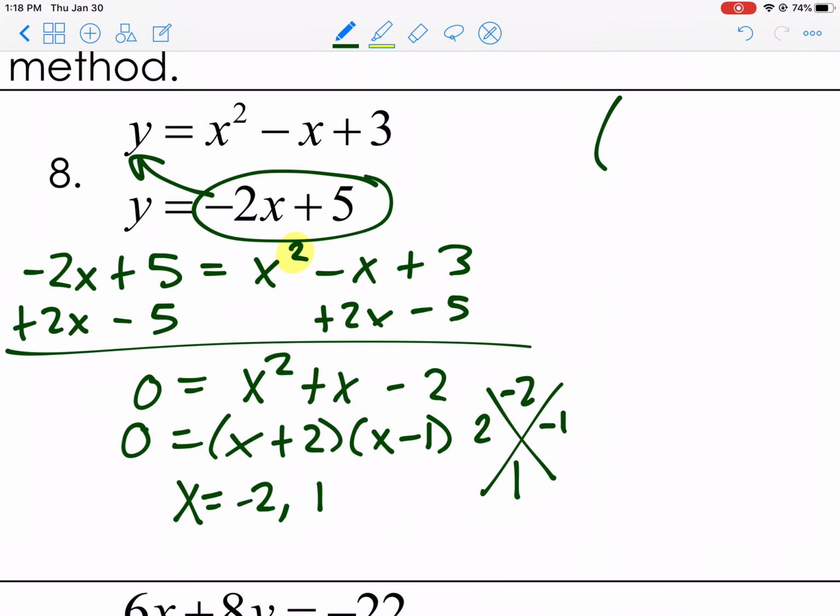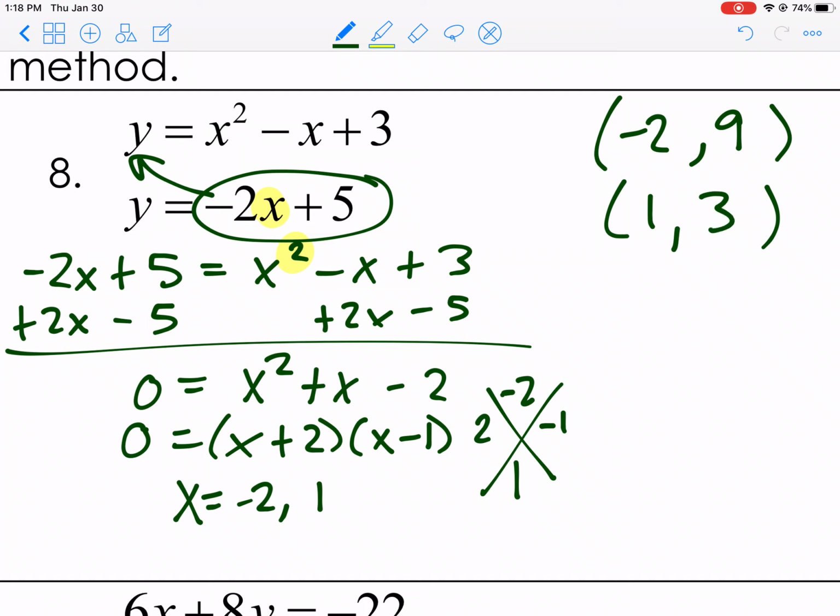Okay, so I have two answers now that I'm looking for, two ordered pairs. So let's take that -2 and plug it in right there. -2 times -2 is positive 4, plus 5 is 9. -2 times 1 is -2, plus 5 is 3.